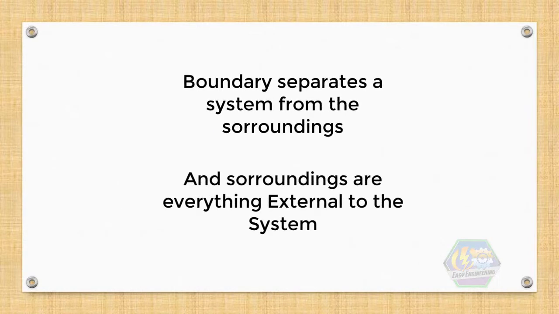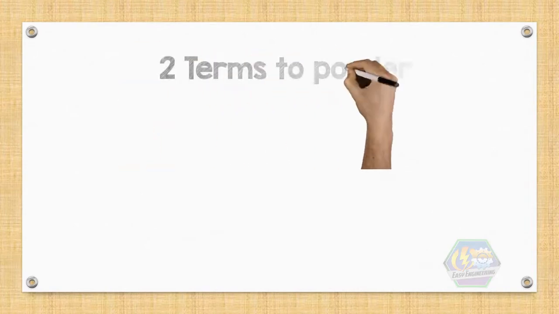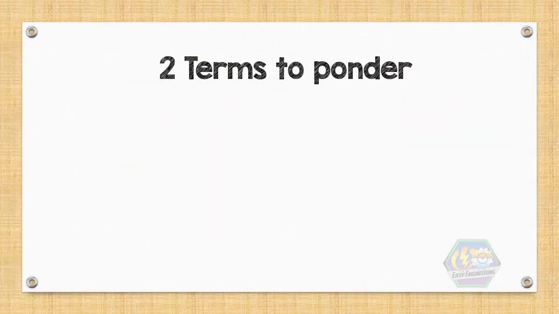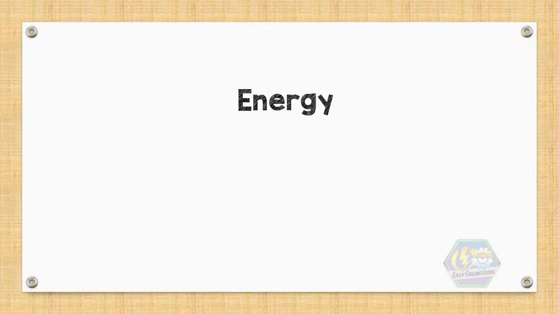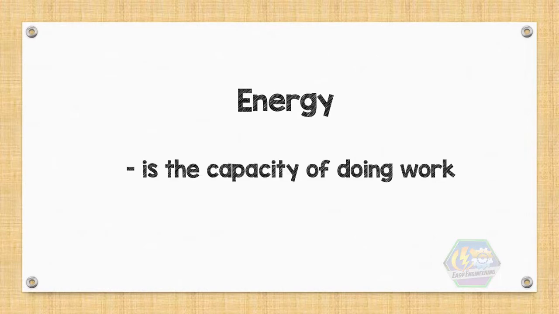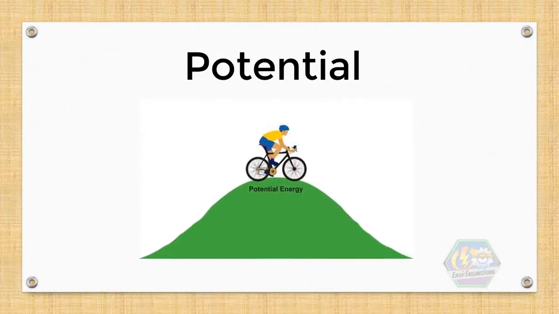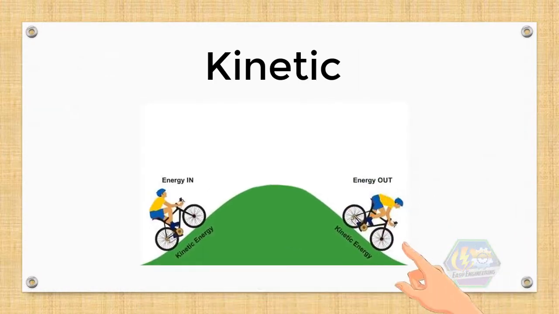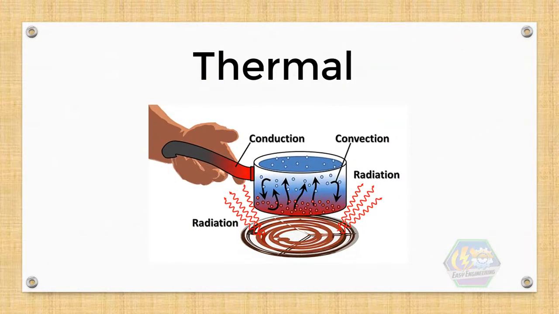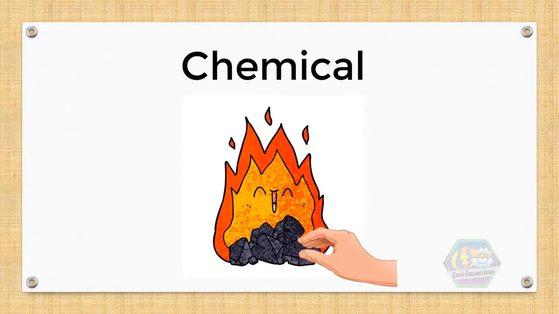By the way, before we proceed to the types and classification of systems, let us first define these two important terms that play a big role in understanding our system. First is energy. Energy is the capacity for doing work. It may exist in potential, kinetic, thermal, chemical, or other various forms.